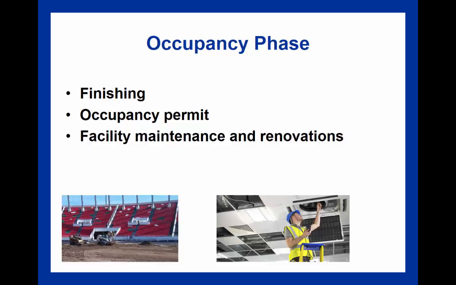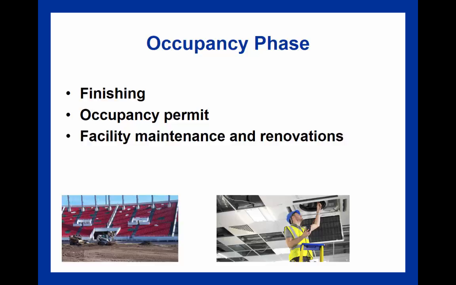So once that construction process is done, the facility would be finished, and the necessary items would be completed based off of what's missing on the punch list, which we'll talk about. And then the building owner would receive the ownership rights. Anything that the builder was doing would be turned over to the building owner, and the design build contract would be completed.